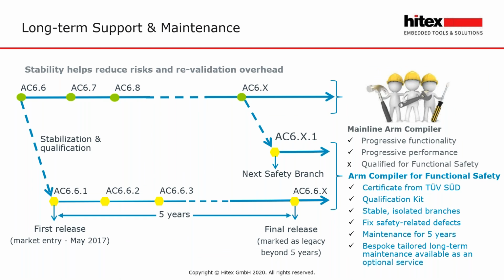The ARM compiler is still under continuous development. So we have the mainline branch, which is the standard compiler that's used within the MDK toolchain. But we have a separate safety branch that's maintained, and any appropriate safety fixes are then built into this safety branch.